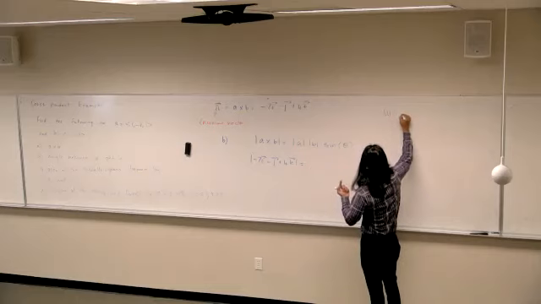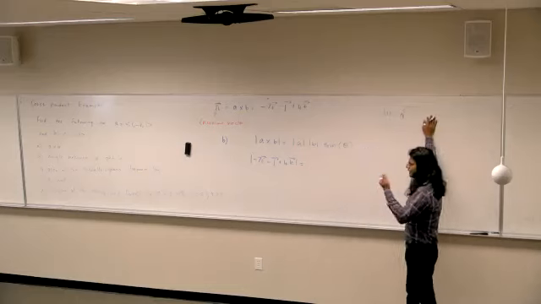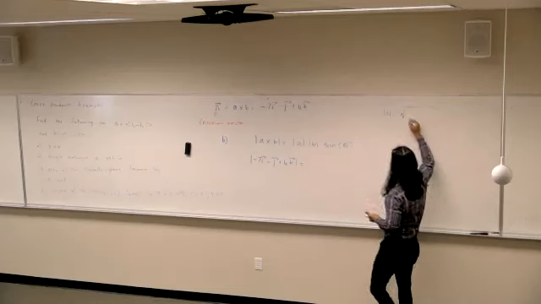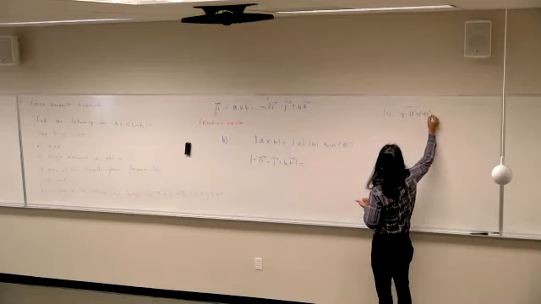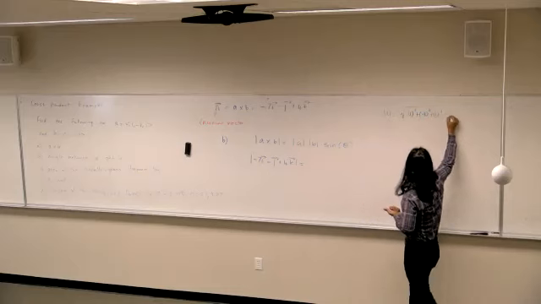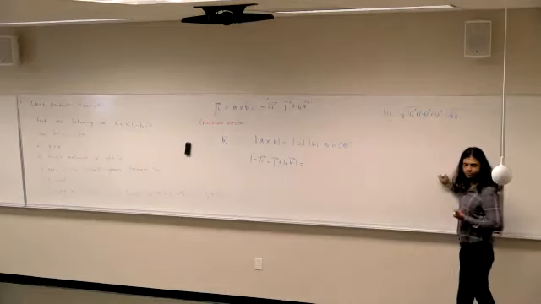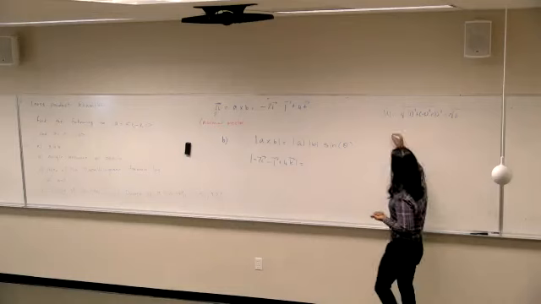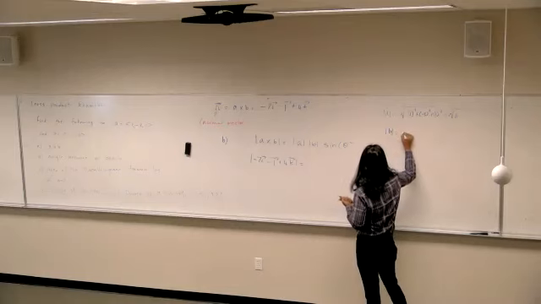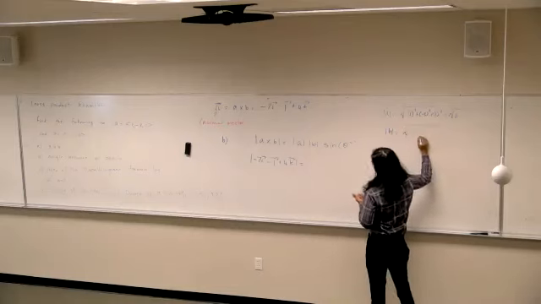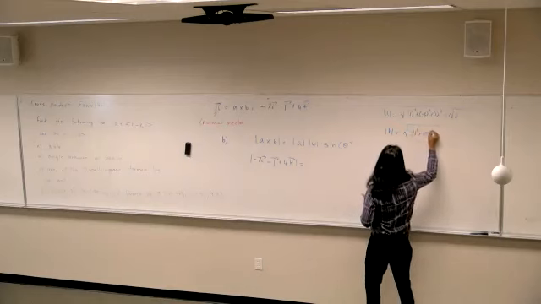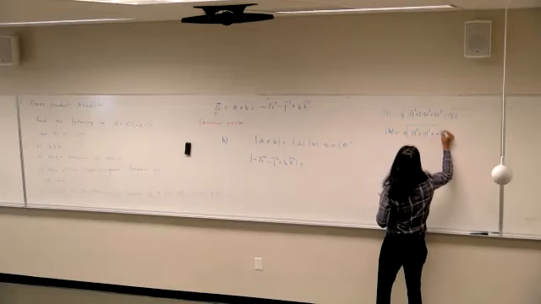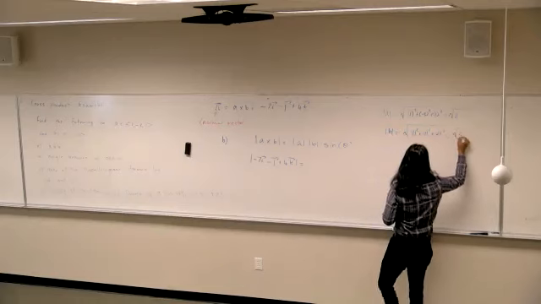So magnitude of A simply means you take each component squared: 1 squared plus negative 3 squared plus 1 squared, square root of 11. Magnitude of B, 1 squared plus 1 squared plus 2 squared, square root of 6.